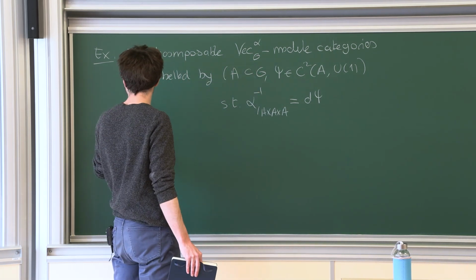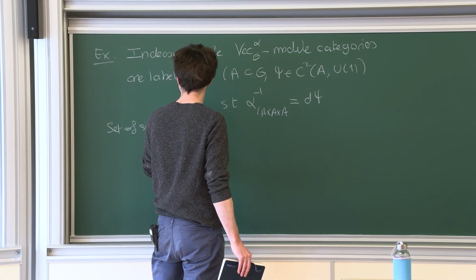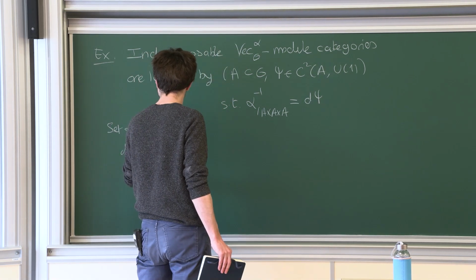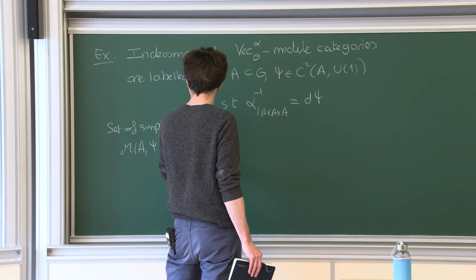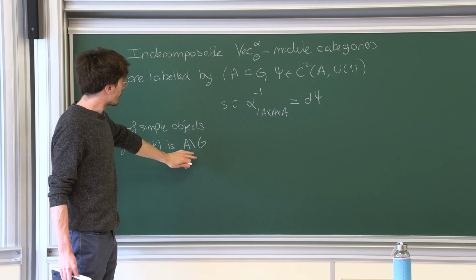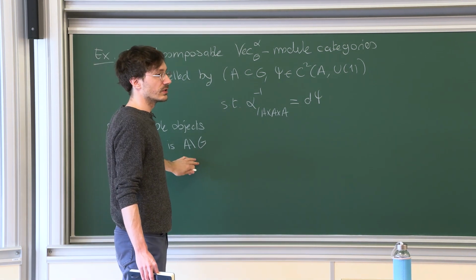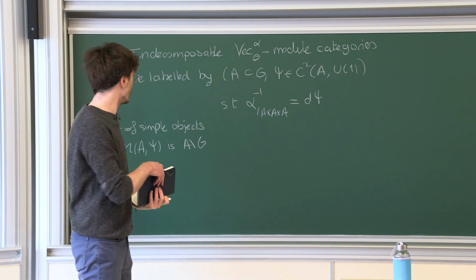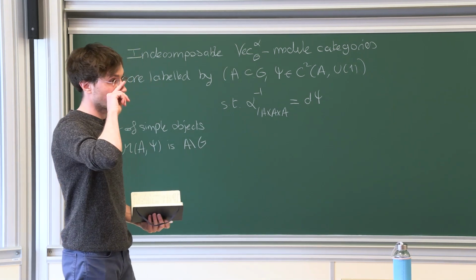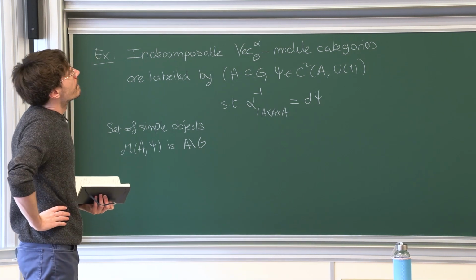But I can give you that the set of simple objects of this category, which I'm going to write M_A,psi, is given by the set of cosets, which is a transitive G-set for every A. So it doesn't split into orbits, right? Whatever A you choose, you will always be able to go through all of them by acting with group elements.